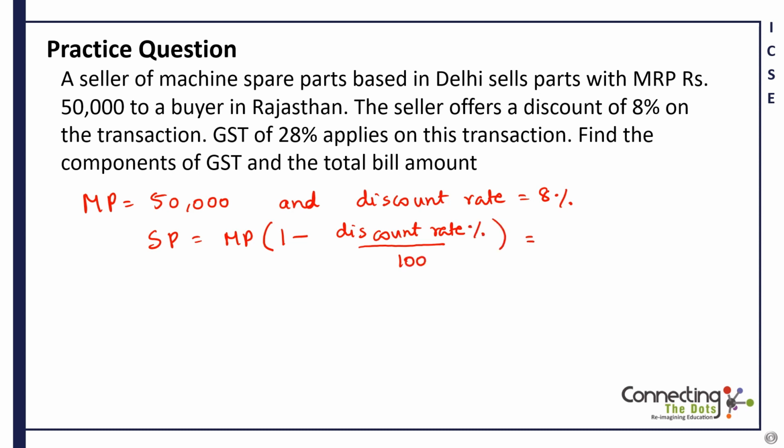So by doing this, we can calculate the selling price as 46,000. So this is the cost of the product after the discount has been applied.